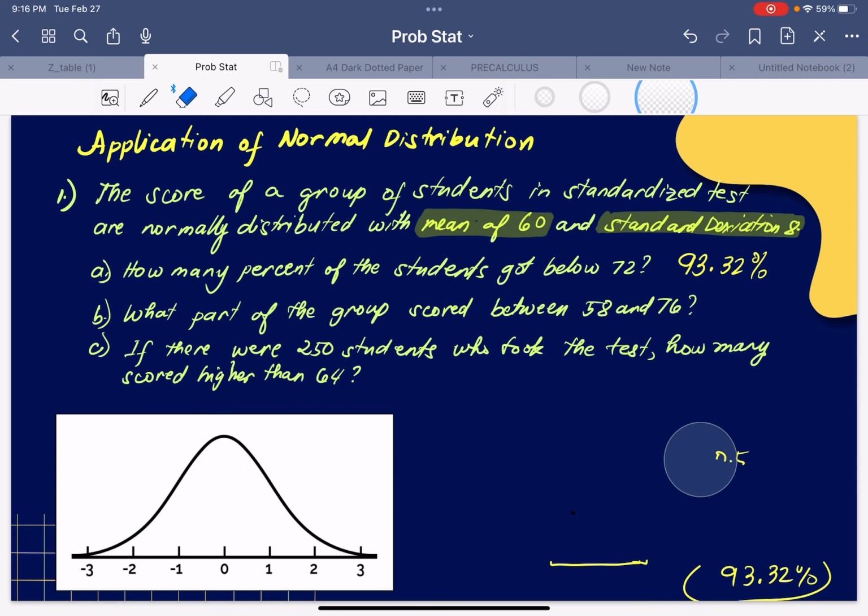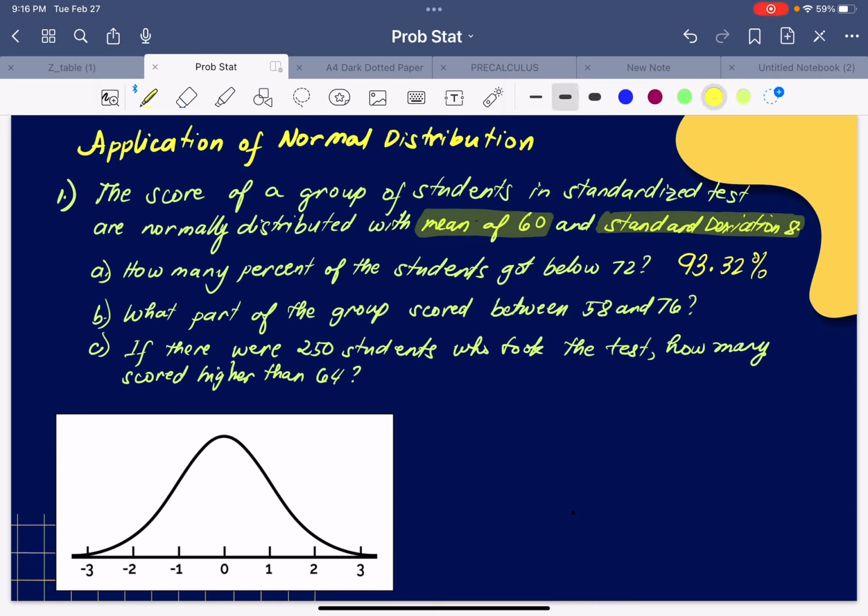Okay, in letter B, what part of the group scored between 58 and 76? So we have two x values here. The first x is 58, for letter B, and another x value is 76.